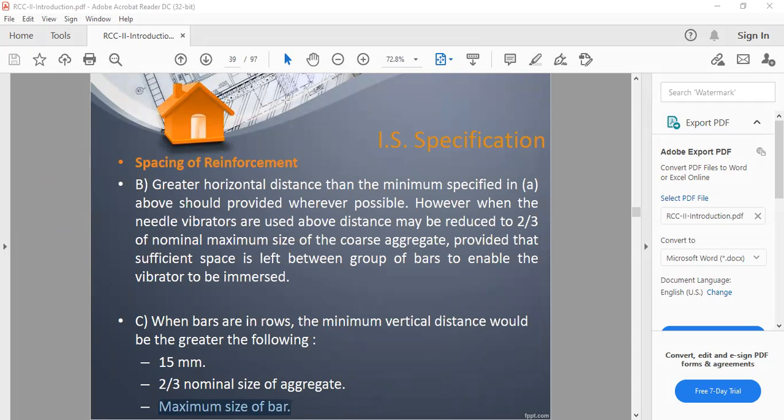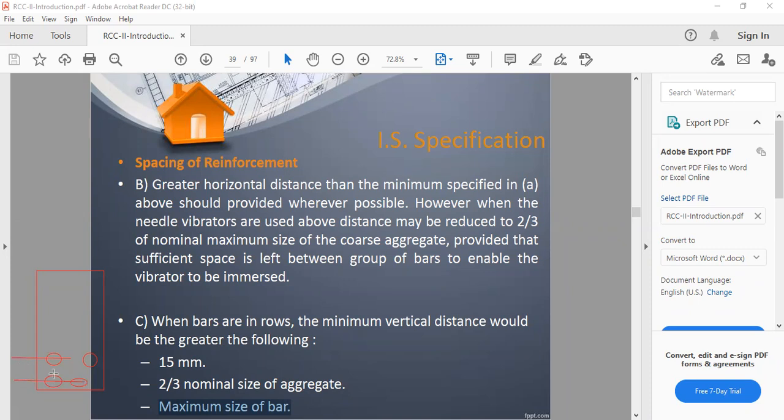So suppose there is a beam like this, and there could be, say, these reinforcement bars, and this is the lower one. Suppose you are going to consider this center line.